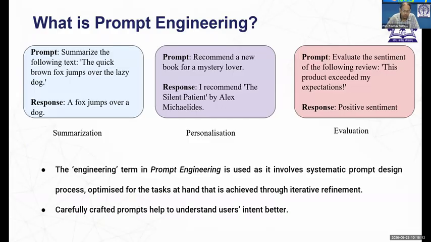Carefully crafted prompts help the LLM understand the user's intent better. Okay. So ultimately, through this refinement or iteration, you are helping the LLM to understand your intent better. So if the LLM is able to understand your intent, it will be able to give the response in a more precise way to you.